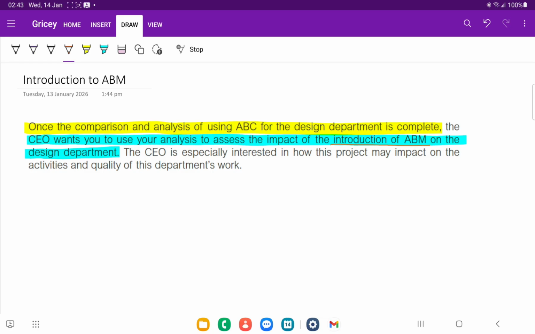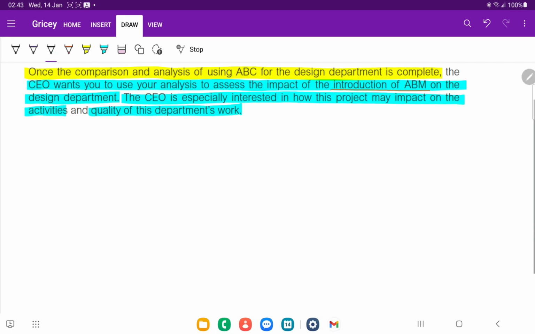So probably you need to start with a basic definition of what is activity based management, right? The CEO is especially interested in how this project may impact on the activities and the quality of this department's work, right?